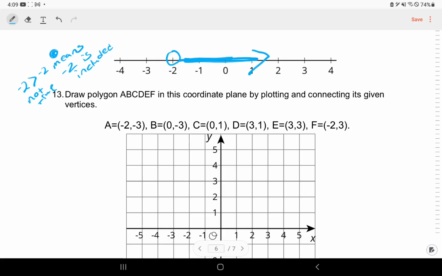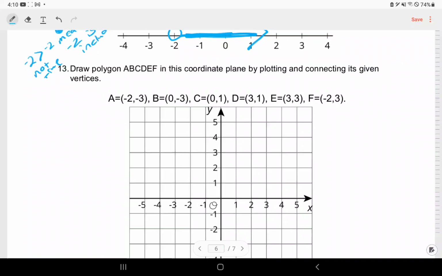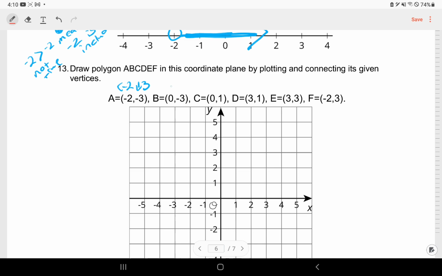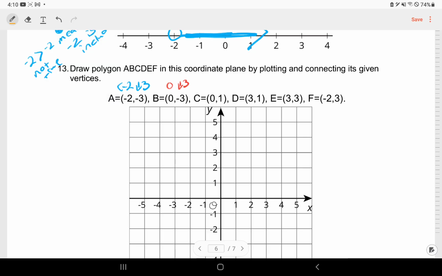And then we've got this polygon that we have to draw. Well, it's -2, -3. So that means left 2, down 3. Then B is at 0, so we don't go anywhere. And then we go down 3. Then 0, up 1.